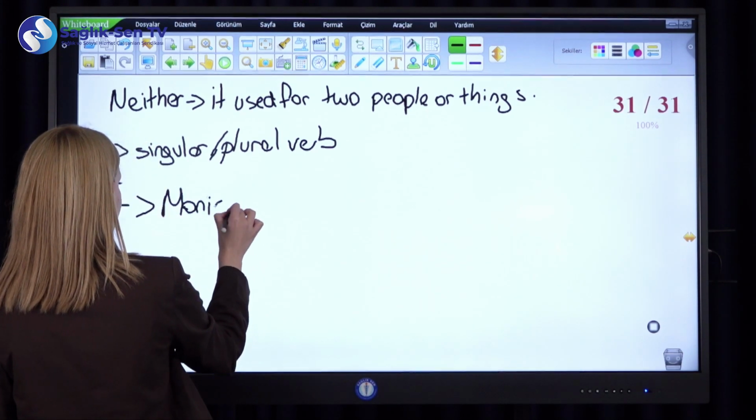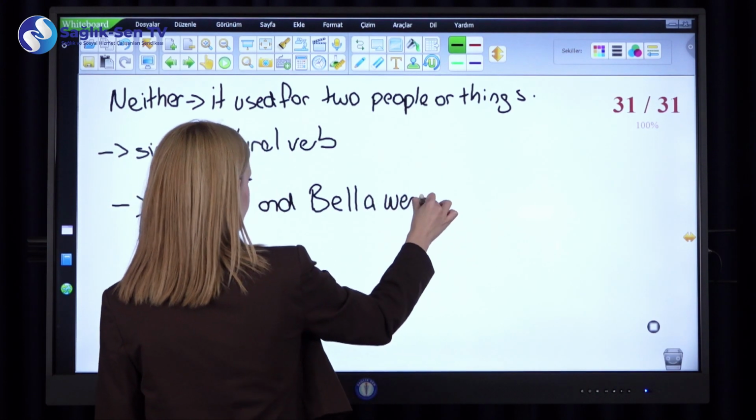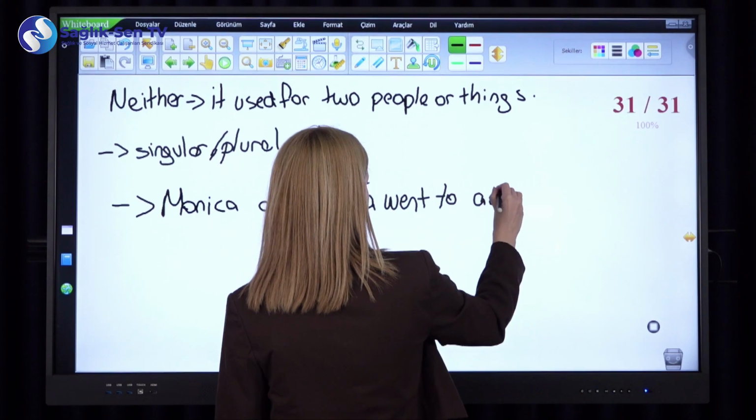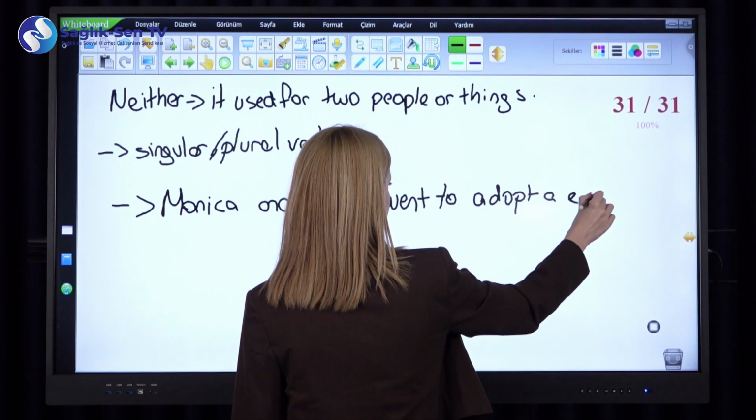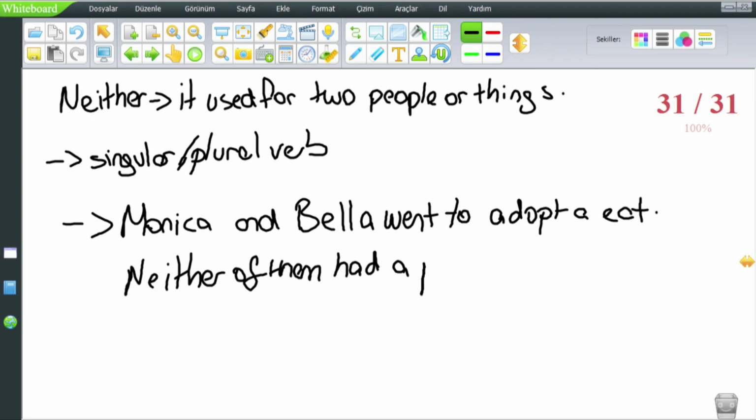Monica and Bella went to adopt a cat. Neither of them had a pet before. It applies to both Monica and Bella, and it gives the meaning that Monica didn't have a pet before, and Bella didn't have a pet before.